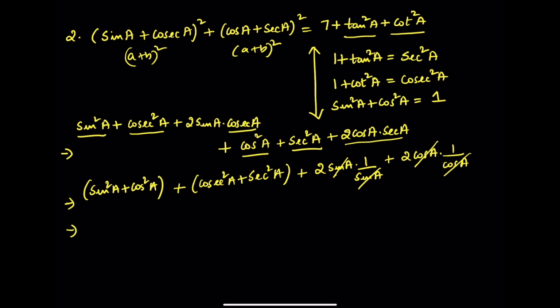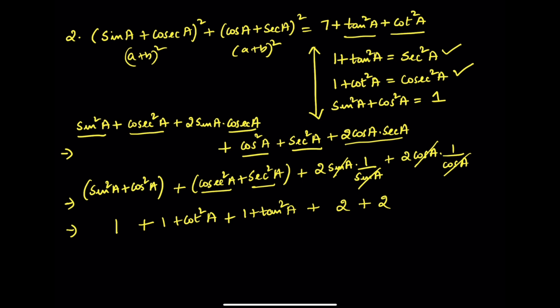So what would the first part be? This would be 1 plus, now cosec² A is nothing but 1 + cot² A, then plus sec² A is nothing but 1 + tan² A, then this would be plus 2 plus 2.